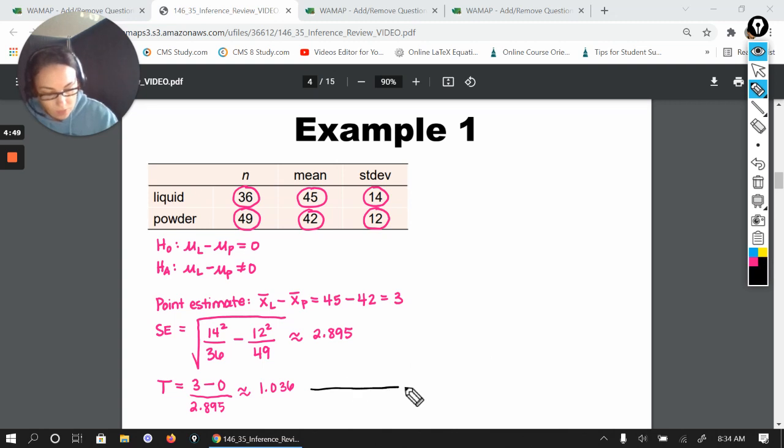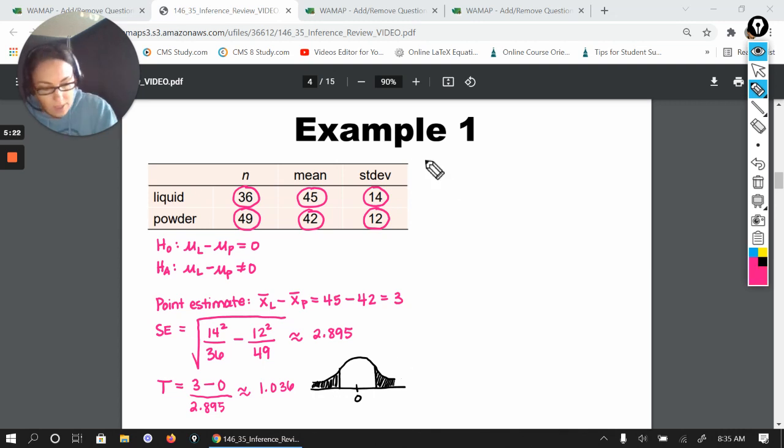So if I were to draw a t-distribution curve, where 0 is in the middle, if I mark off where 1.036 is, it might be about right here. And my p-value would be all of the area under the curve shaded to the right, but also equivalently on the other side, everything to the left from negative 1.036 and to the left.